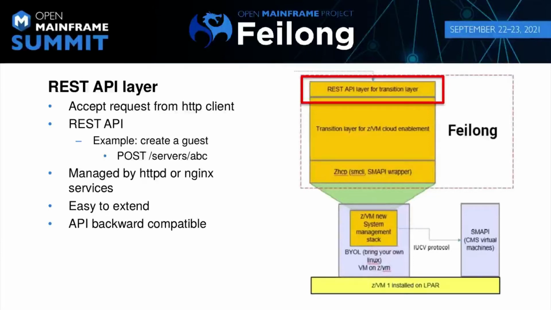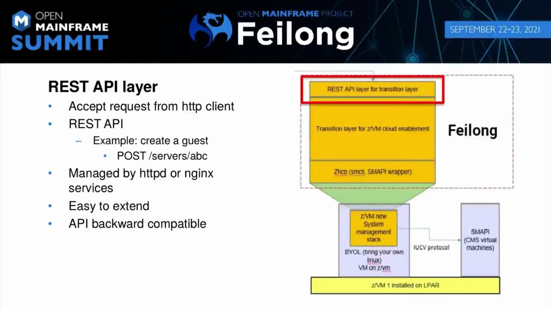Now there's some additional information that needs to be transferred along with that request, and that is done through JSON, and the program would actually pass some additional information to the REST API server, passing the HTTP POST plus the JSON information, and then it would go off and hand it off to the transition layer.